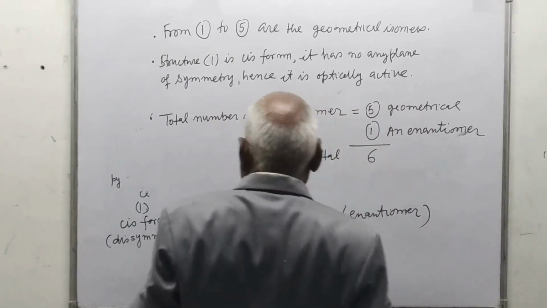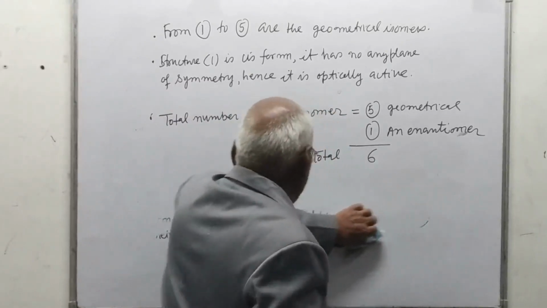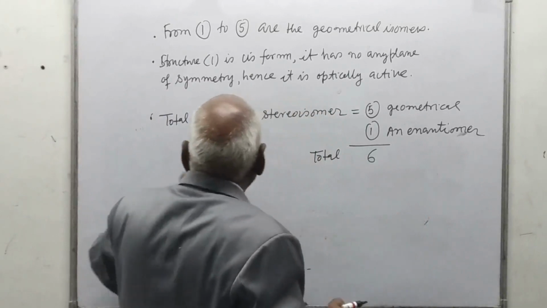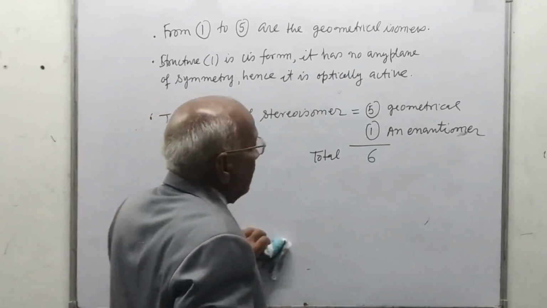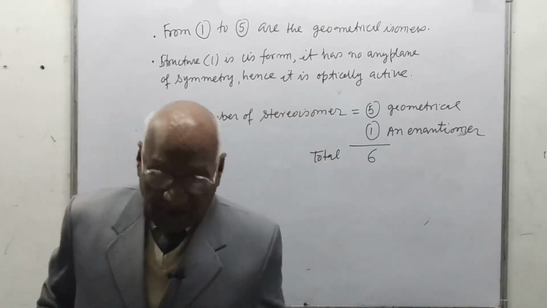So the number of stereoisomers in this octahedral complex is 6, out of which 5 are geometrical isomers and 1 is an enantiomer. So this is sufficient for this lecture. Thank you very much.